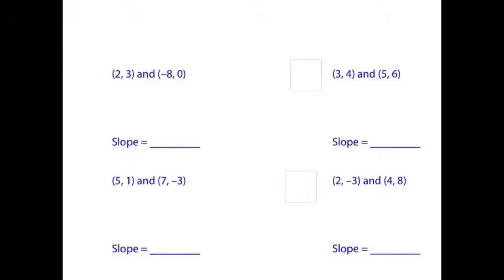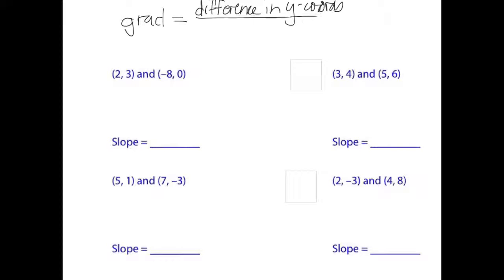Now we can find the gradient between 2 points without even drawing them out, because we saw that the gradient was the rise over the run, and the rise is simply how much it goes up. And if we have 2 coordinates, then how much it goes up is simply the difference in the y coordinates. And the run is how far it goes across, and that's the difference in x coordinates.